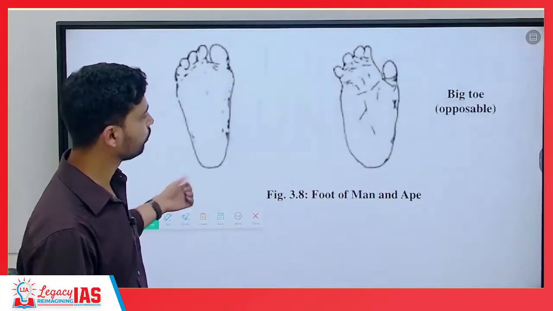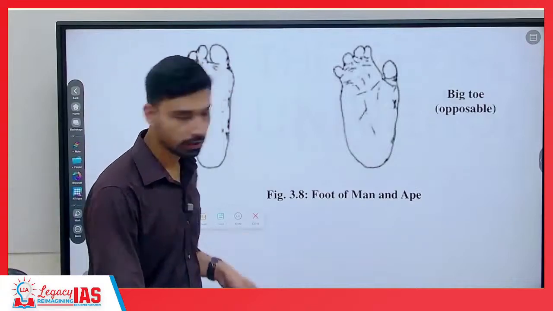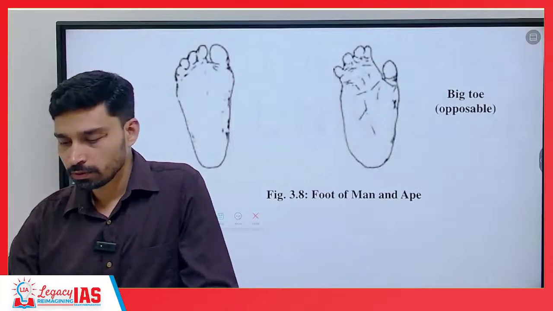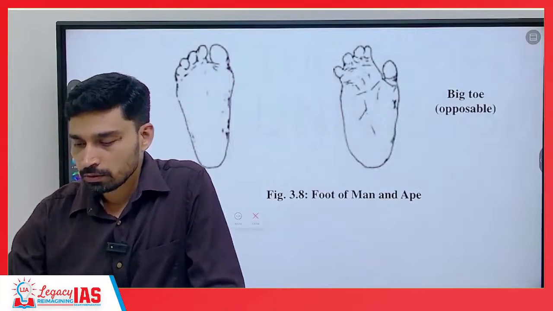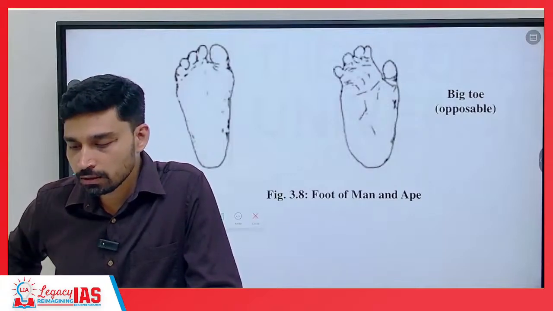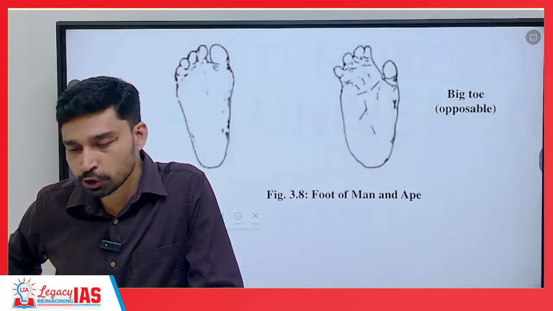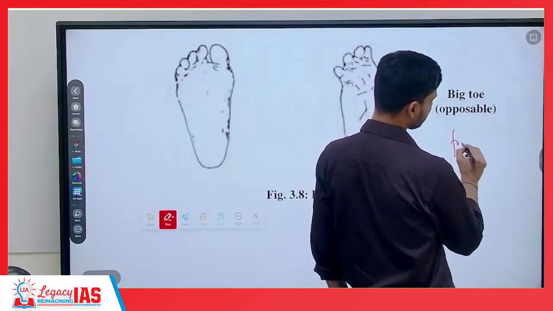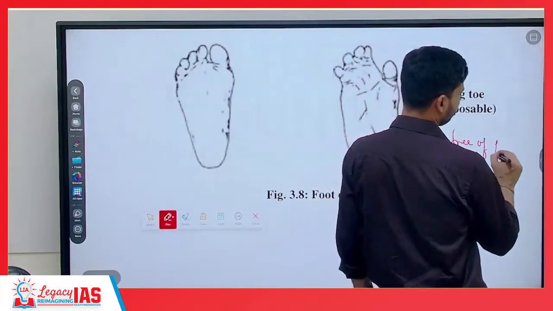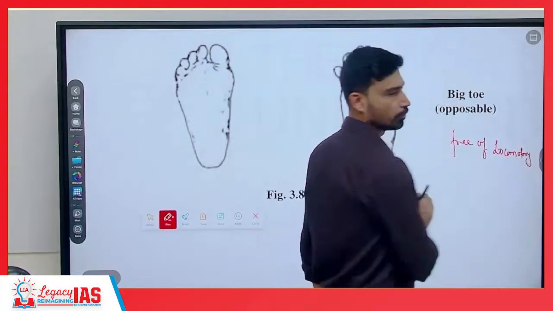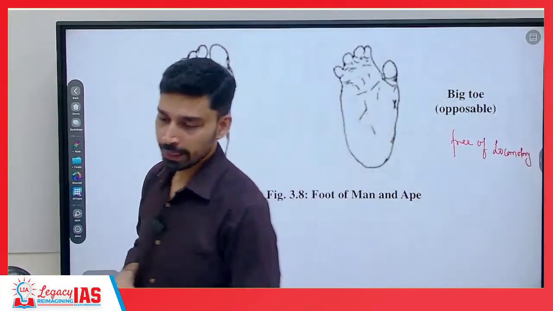We can just write points. I missed the hand photograph. So in the hand structure we can write the first point: hands are free of locomotory function in man.